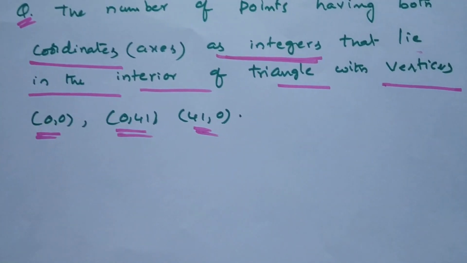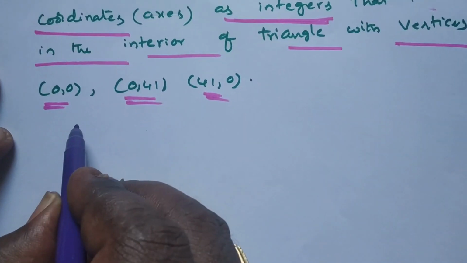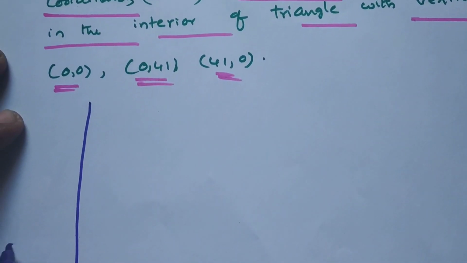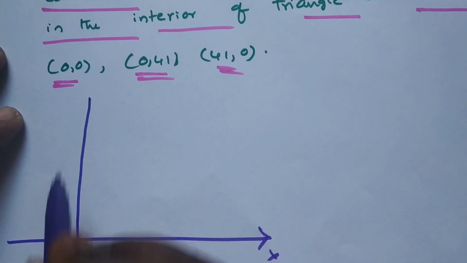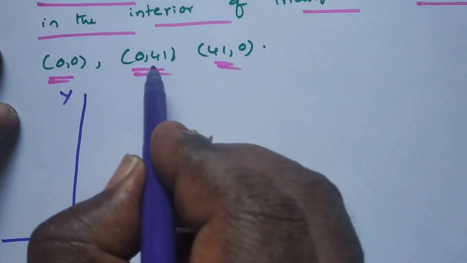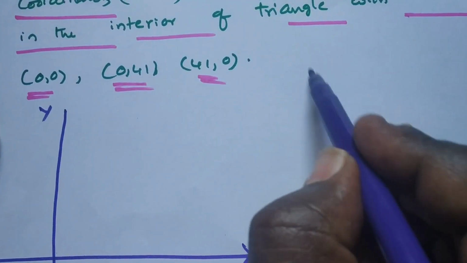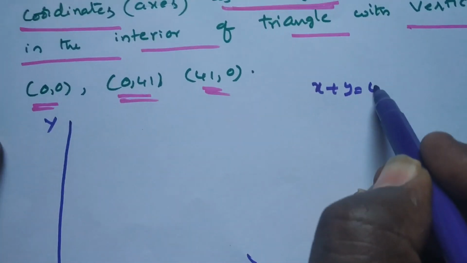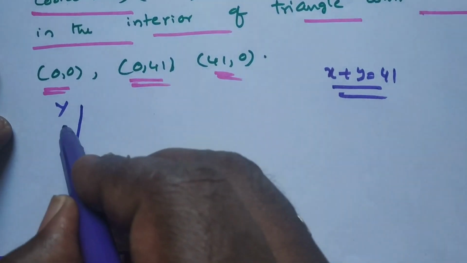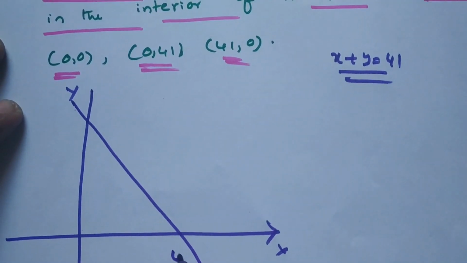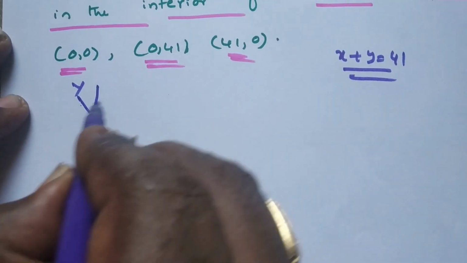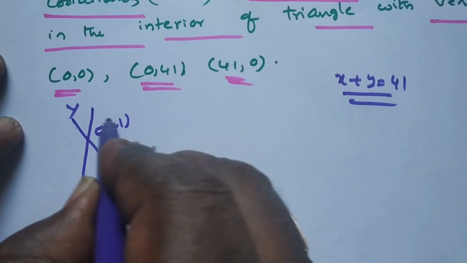So first we plot the triangle. This is the x-axis, y-axis. The line joining (0,41) and (41,0) is what? x plus y is equal to 41. Am I correct or not? This is (41,0). This is (0,41).